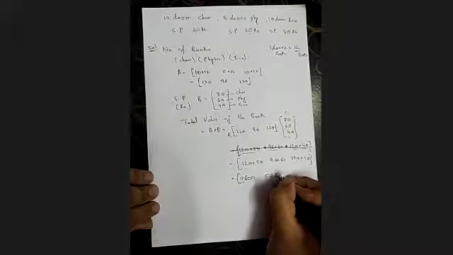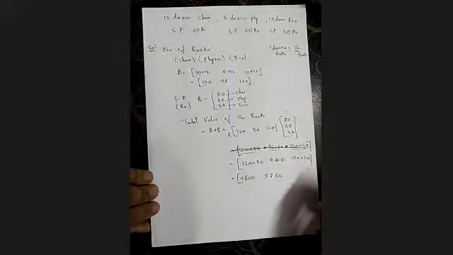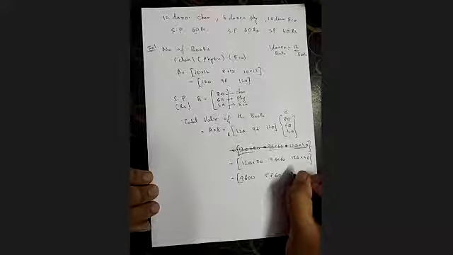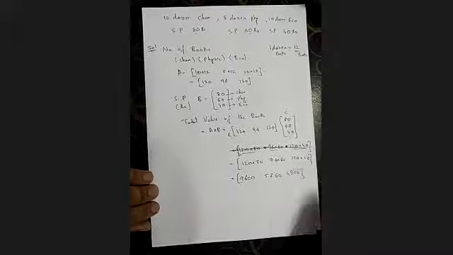And 120 into 40 will be 4,800. Very good.